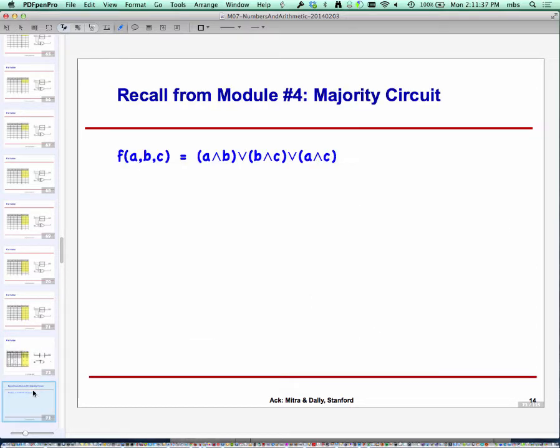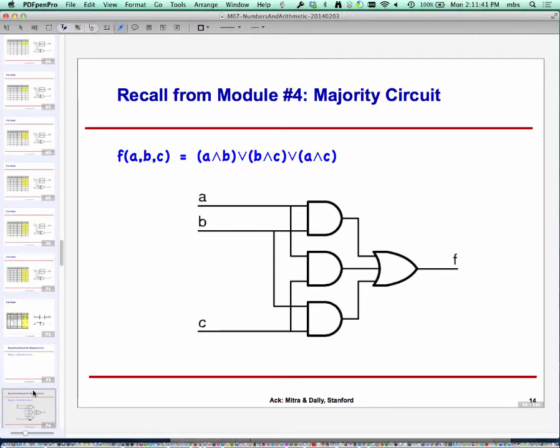So the majority circuit looks like this, and you can convert it. If I ask you to only use NAND gates, then how would you do it? Anyone? So I'm given this circuit, but let's say I only gave you NAND gates.